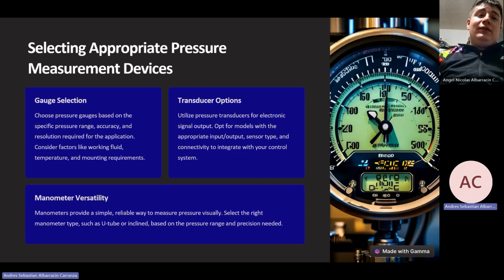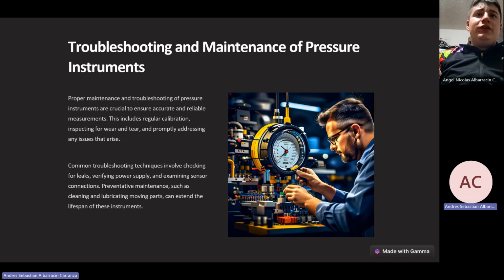We also have to analyze the manometer's versatility. The manometer provides a simple, relative way to measure pressure visibly, so we only need to select the right manometer type, such as U-tube or inclined, based on the pressure range and precision we need for the measurement. We have some troubleshooting and maintenance of pressure instruments. Proper maintenance and troubleshooting of pressure instruments are crucial to ensure accurate and reliable measurements.